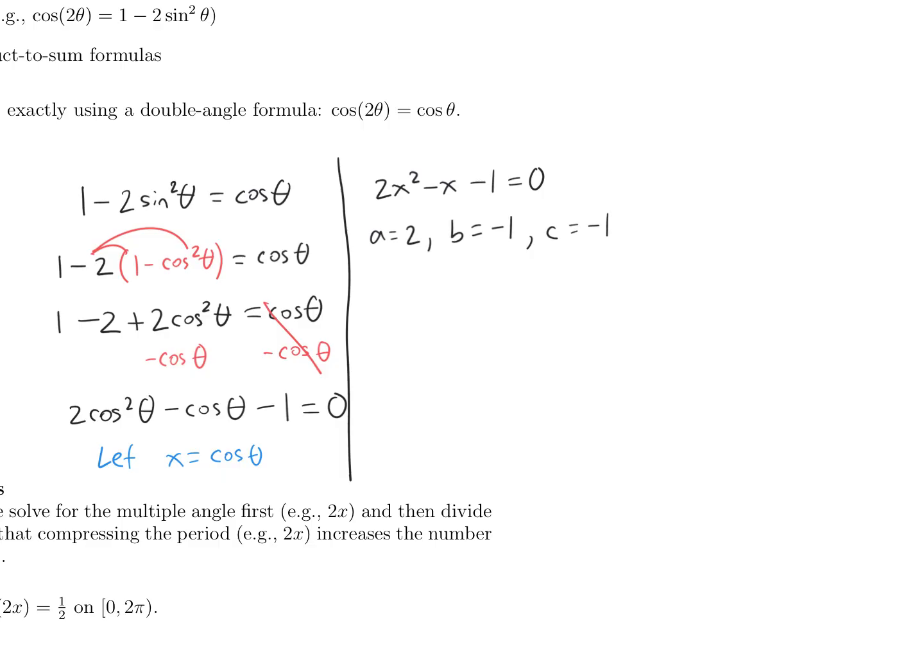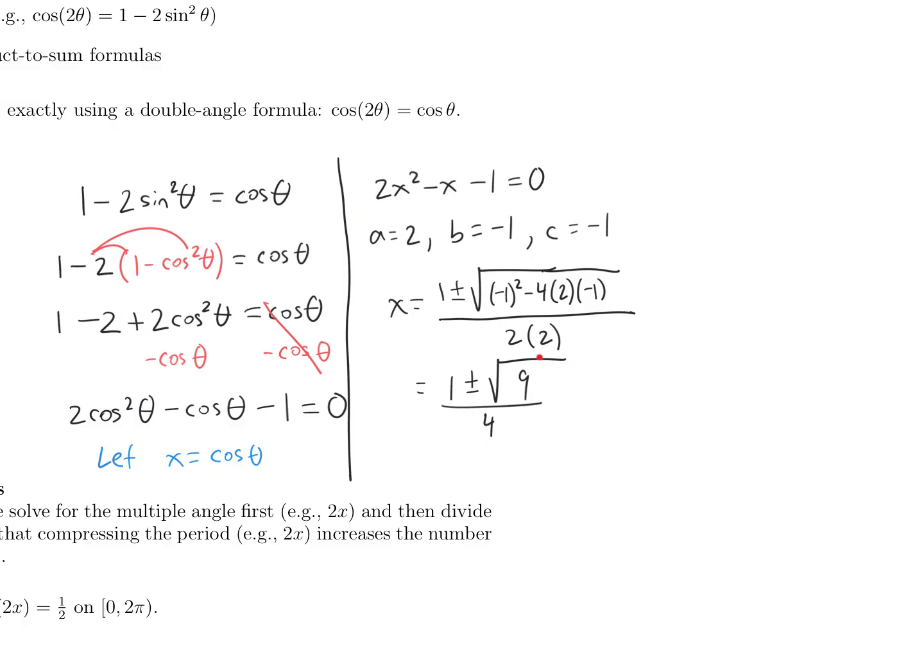So if you solve this, you're going to get x equals negative negative 1, which is positive 1, plus or minus the square root of negative 1 squared minus 4ac, all over 2a. After simplifying, we get a double negative once again underneath the square root. That's going to be plus, so it's going to be 1 plus 8, which is 9, all over 4.